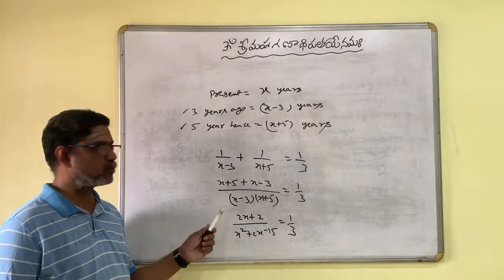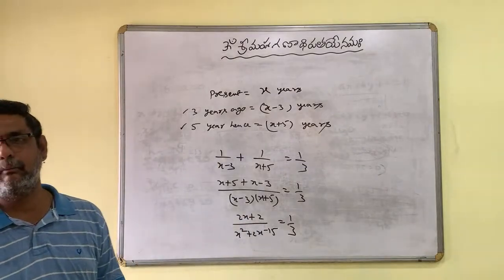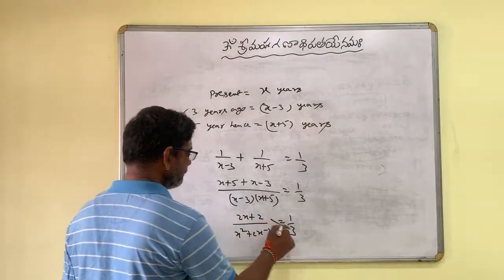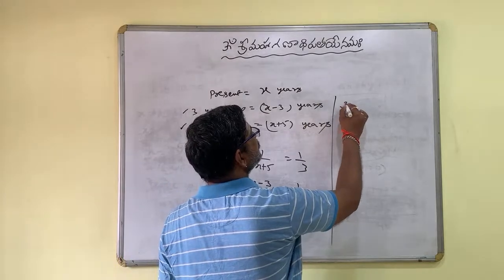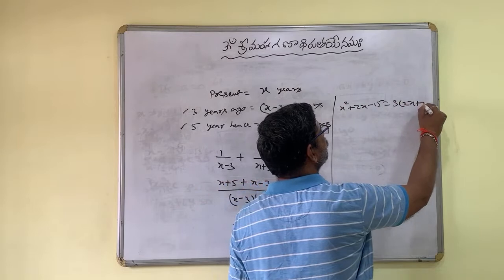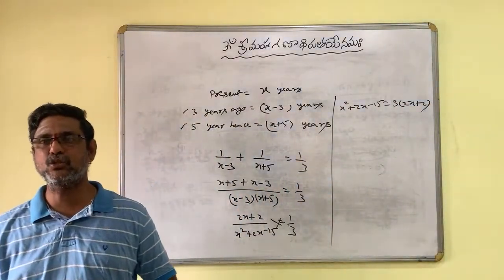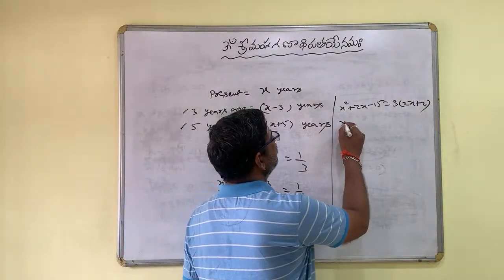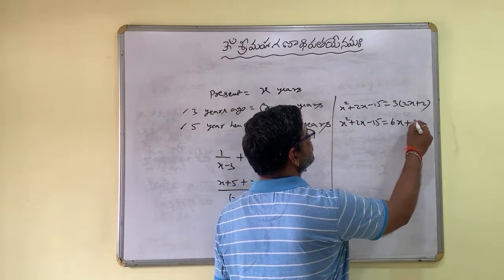Now do cross multiply. x square plus 2x minus 15 is equal to 3 into 2x plus 2. Now simplify. x square plus 2x minus 15 is equal to 6x plus 6.